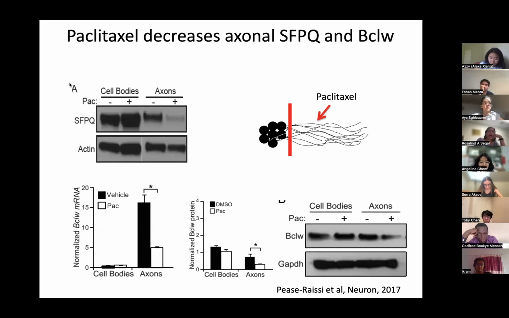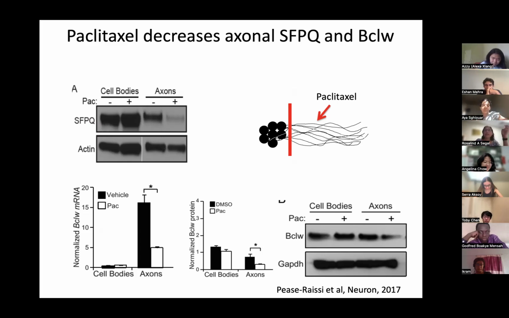So after we've added paclitaxel to the axons, which we now know causes degeneration, what we find is that the amount of this RNA binding protein in the axons is way low. And instead, it's accumulating in the cell bodies because it can't be transported.